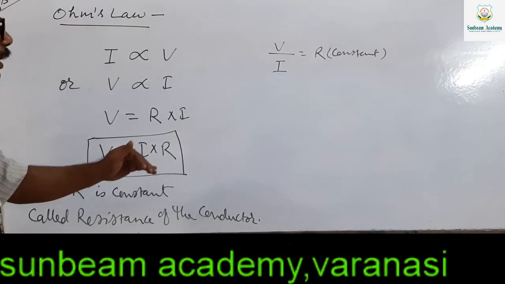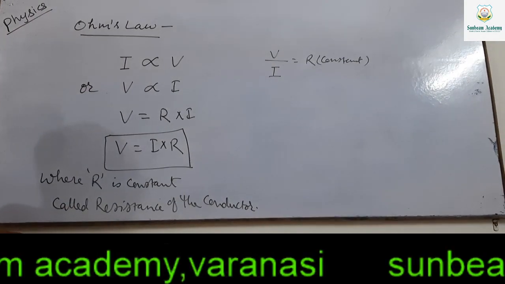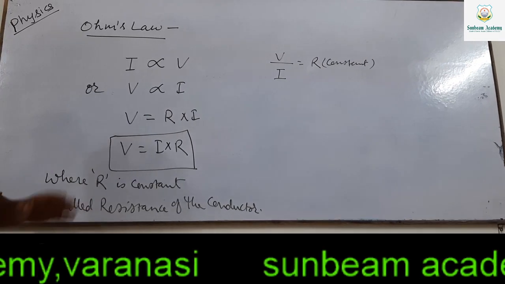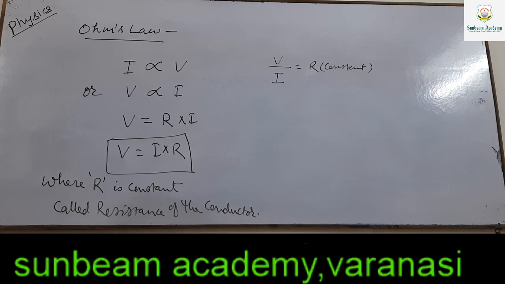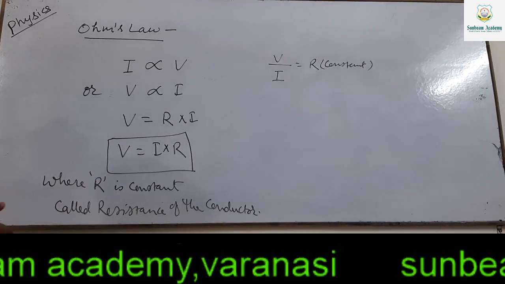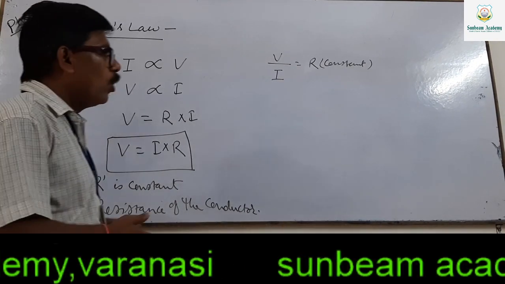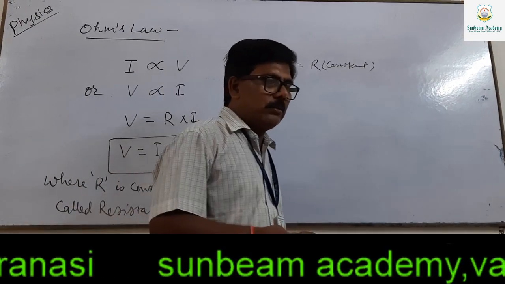So this is another way to state Ohm's law. And R, I told you, is called the resistance of the conductor. Now let us see what is resistance.